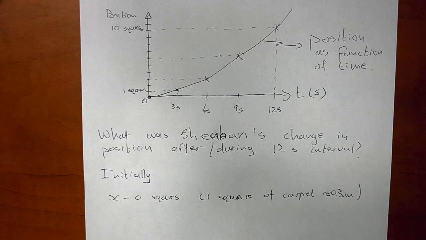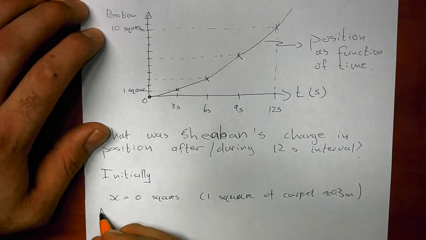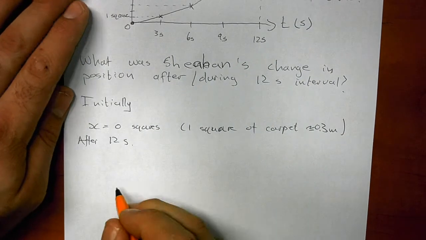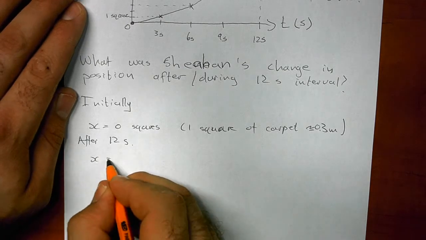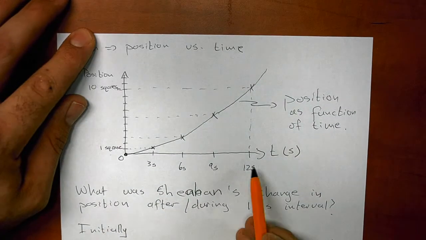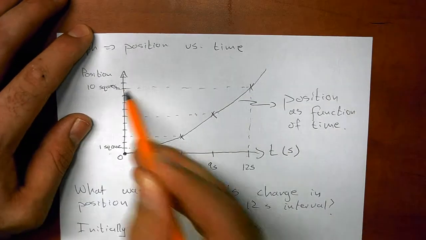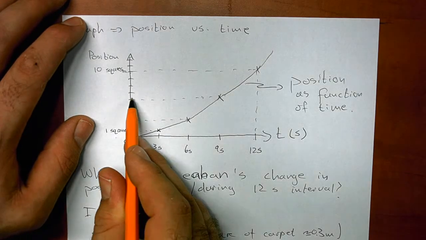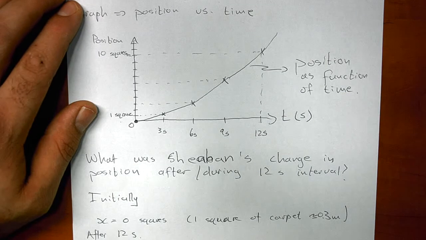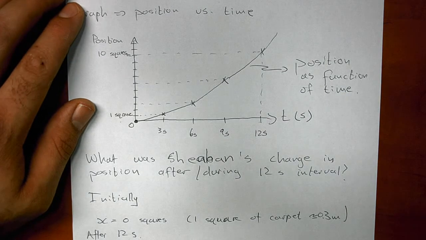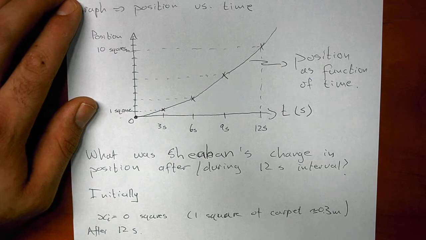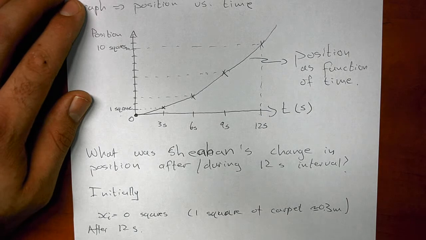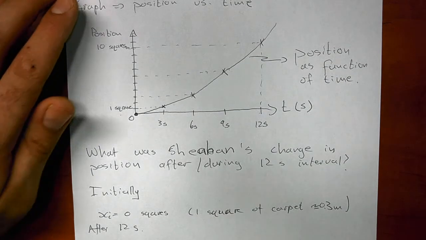After 12 seconds, Sheehan's position, if we look at our graph, is 10 squares away from, or let me just make sure, that's 1, 2, 3, 4, 5, 6, 7, 8, 9, 10. Yeah. So after 12 seconds, his final position, let's call this initial and final, is 10 squares away from the reference.